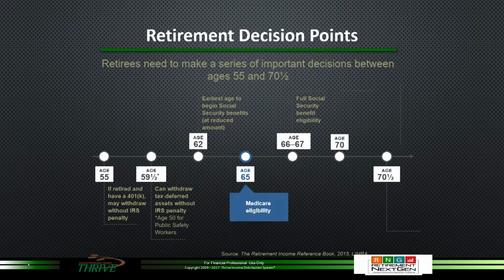Depending on the year you were born, depends on whether you take your full retirement at age 66 or 66 and a month or any months up to age 67.